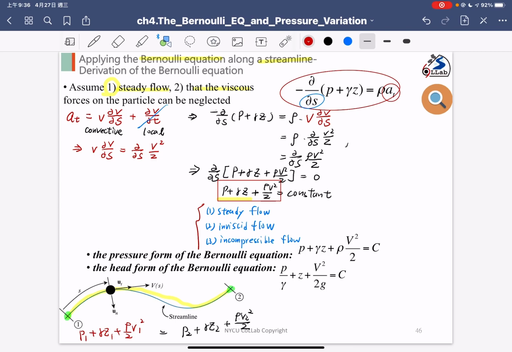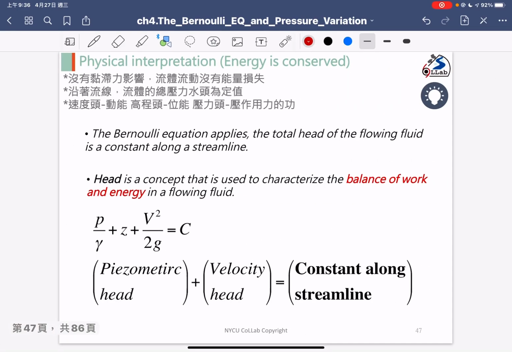If not, you cannot apply the Bernoulli equation. It can only be used when the two points are on the same streamline. Then you can use the Bernoulli equation to understand some phenomena. Okay, so this is the idea. The following slide will tell us the physical meanings.